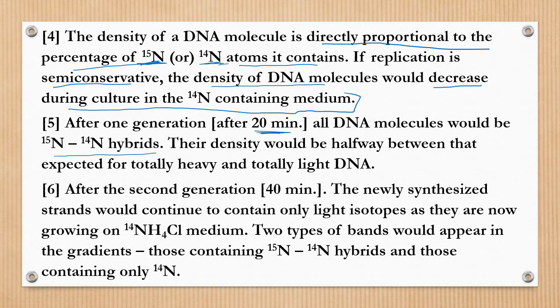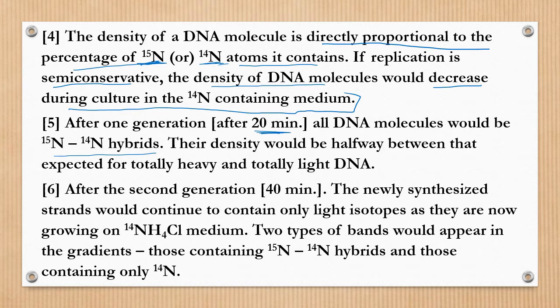Their density would be half between that expected for totally heavy and totally light DNA. Half means one strand is light and another strand is heavy. That's why we call them hybrids.